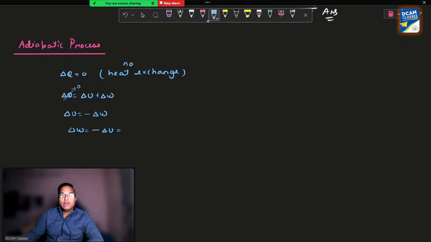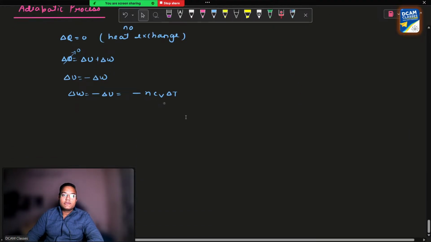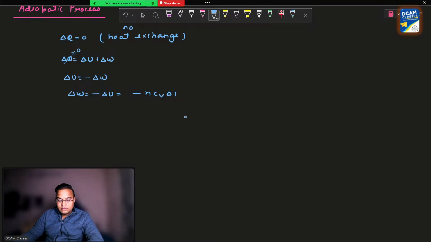We know for every process the delta U remains same, which is nCv delta T. We'll use this information to actually derive the adiabatic process. I can write this as dW is equal to minus nCv dT.